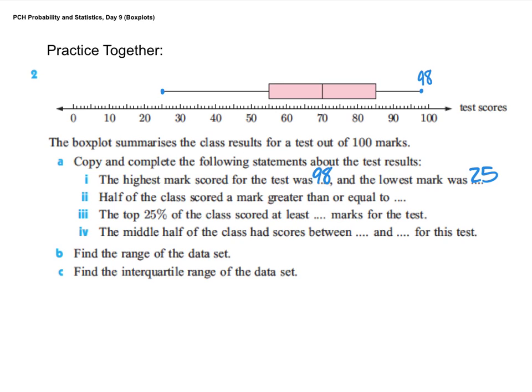Half of the class scored a mark greater than or equal to what? 70. That's the median, right? Okay? That's the median. When you see the 50% or the halfway mark here, that's our median.